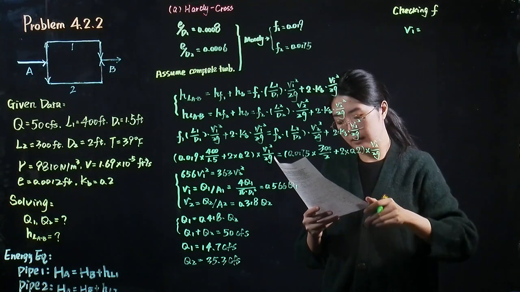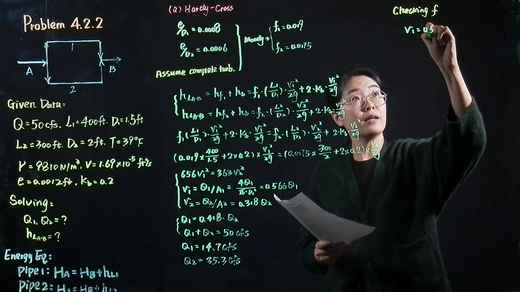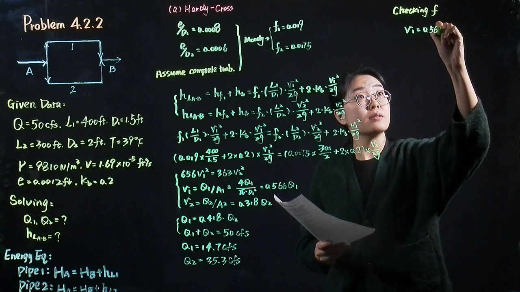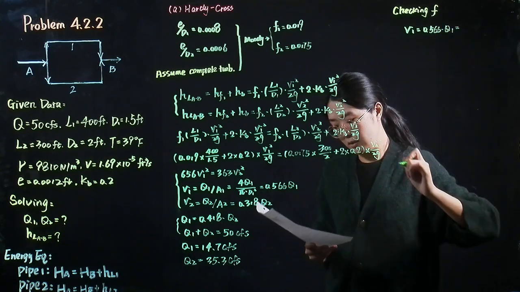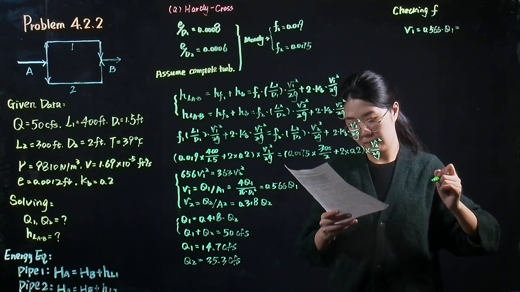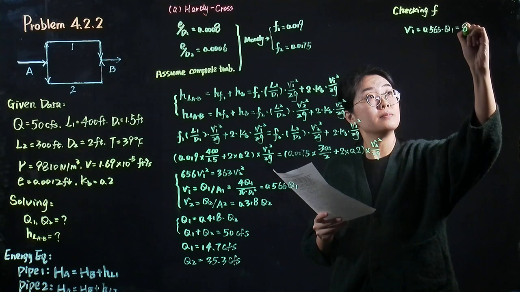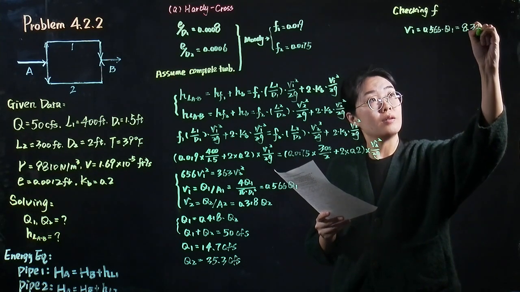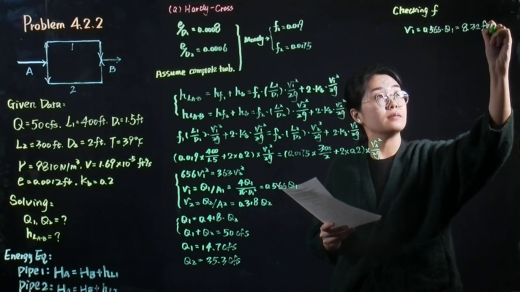So V1 equals 0.566 times Q1, which equals 8.32 feet per second.